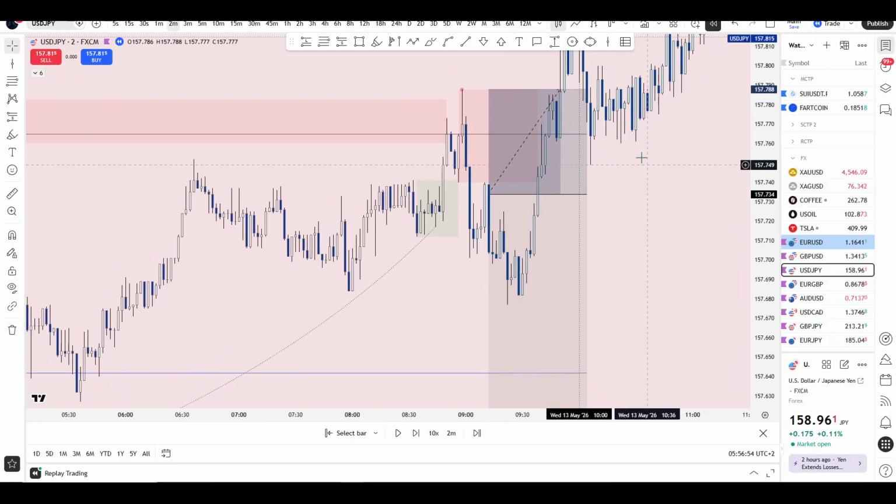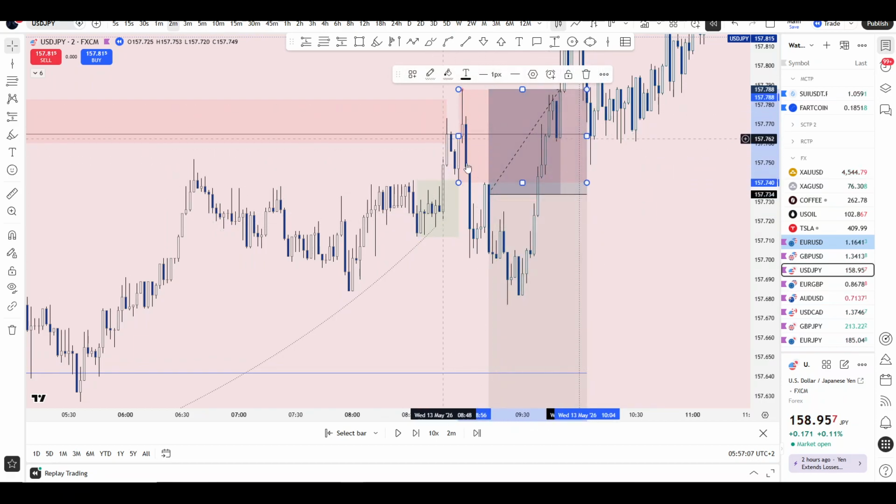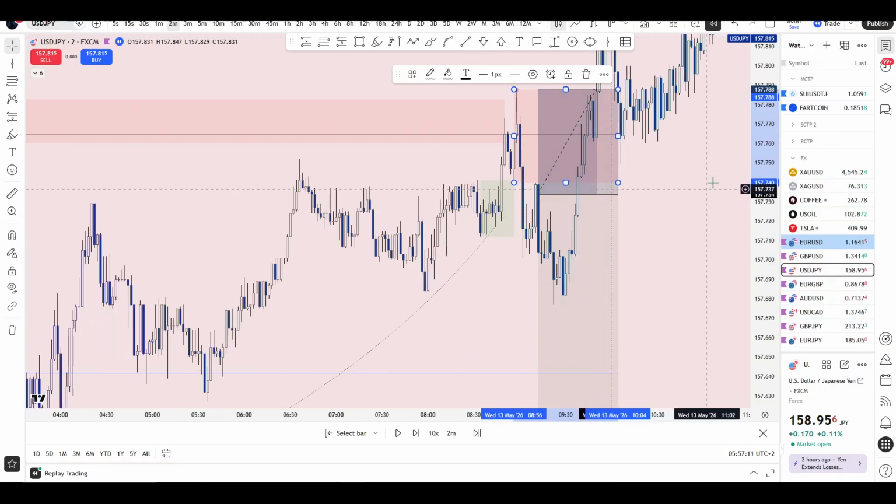And what I did, I saw this aggressive candle down, and often when you get such an aggressive candle, you get some sort of a retest, and this was just what had to happen for me to enter this trade.